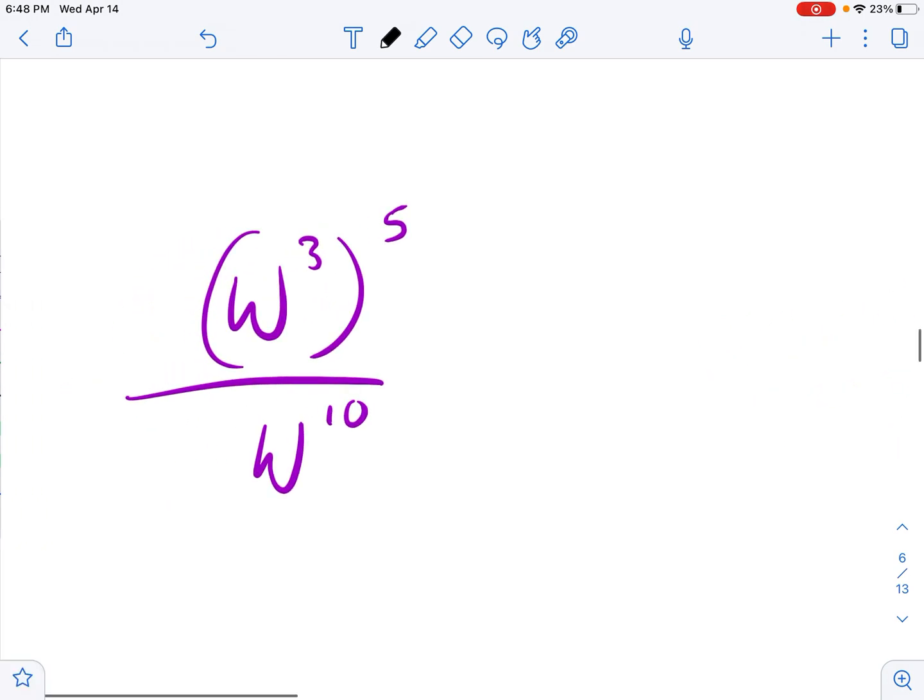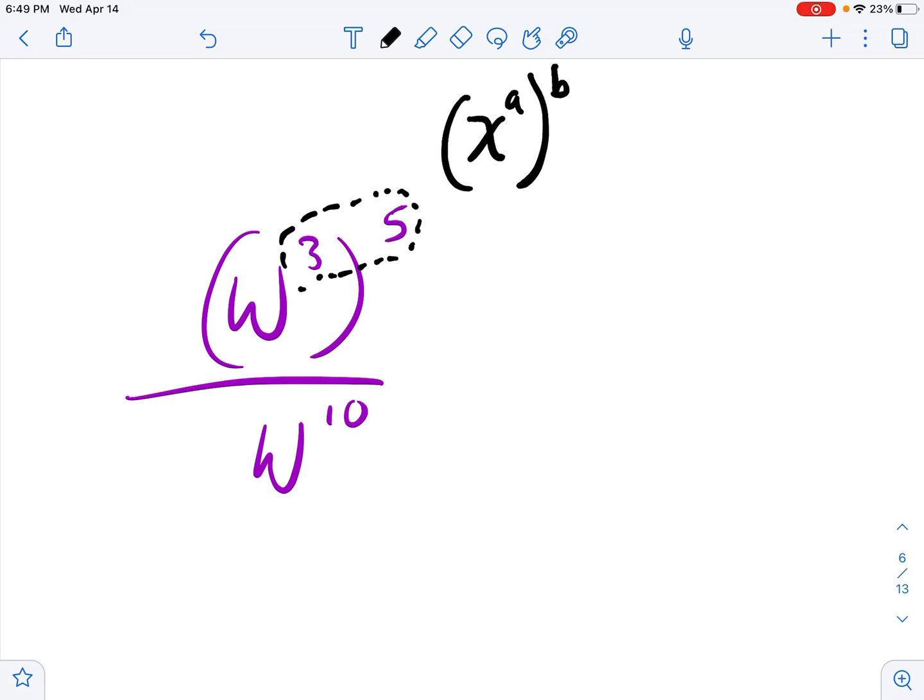All right, we have w cubed raised to the 5th power over w to the 10th. First I need to figure out how to simplify this. Now, I remember my law of exponents, x to the a to the b is x to the ab. That's different than x to the a times x to the b, which is x to the a plus b.